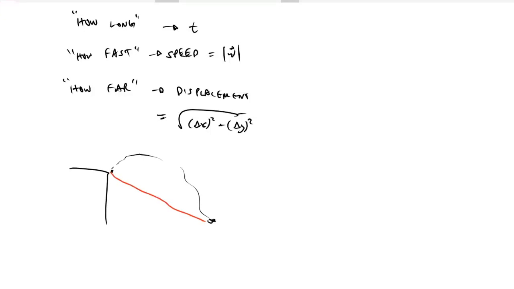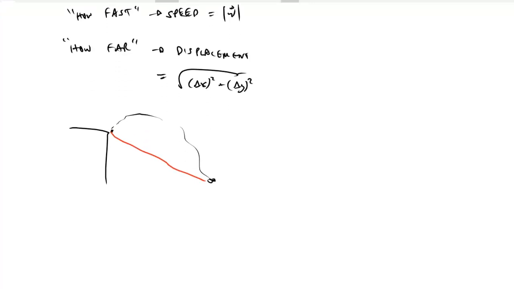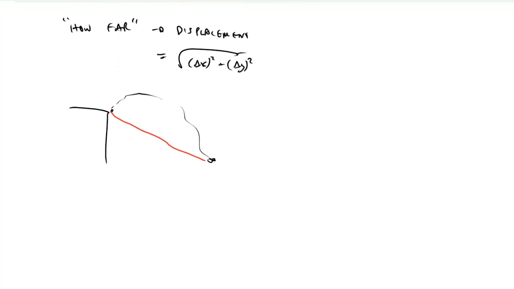But we might also ask how high is the cliff. That would suggest how far in the y direction. So how high would be just delta y. If we said how far from the base of the cliff, so the ground is over here, we'll just be looking for delta x.